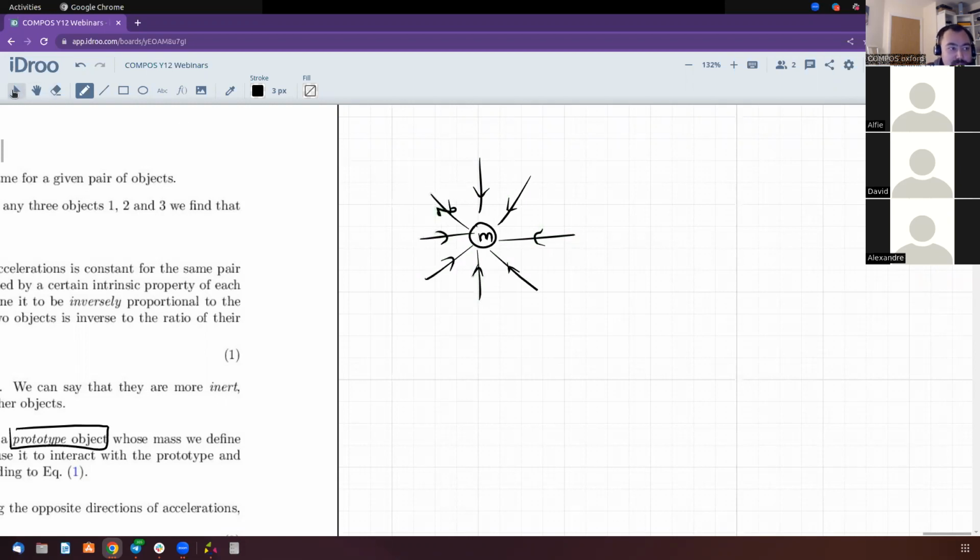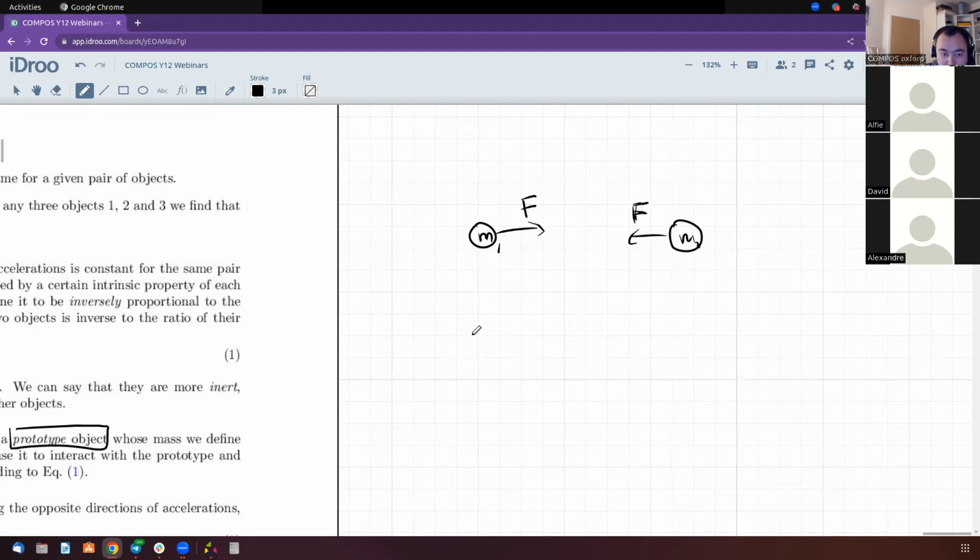We know that two objects attract due to m1 and m2. Any two objects in the universe will attract with a force F. This is the gravitational mass, which determines gravitational attraction.